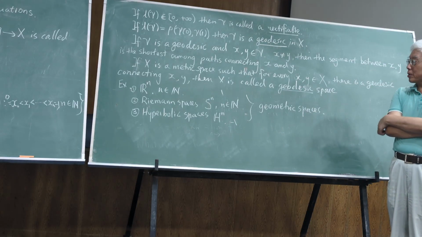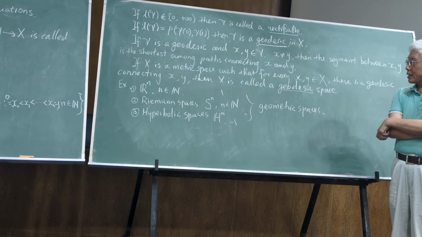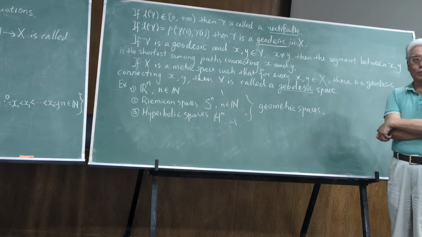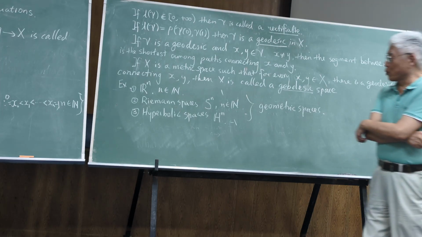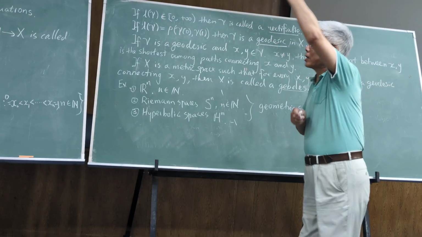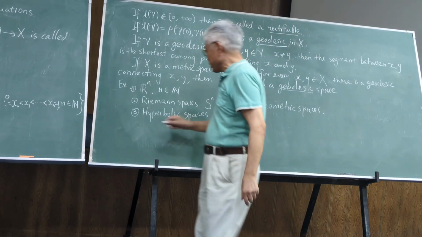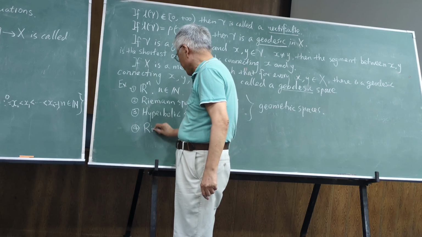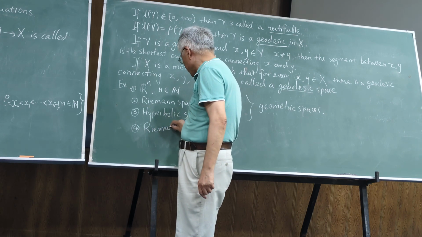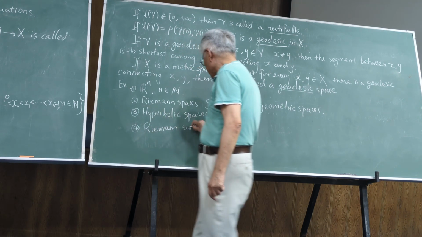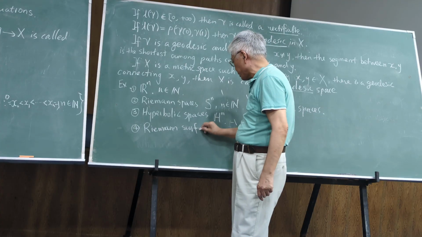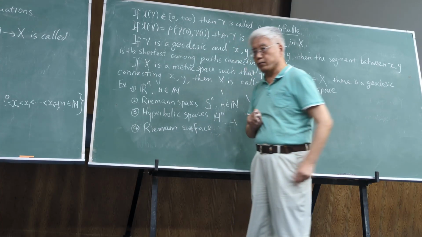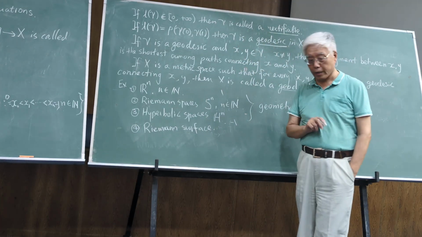Anything else you can think about? Maybe not. I'll add one more, which is just pulling out from the air: Riemann surfaces. We're going to define this rigorously in the fourth batch of slides.